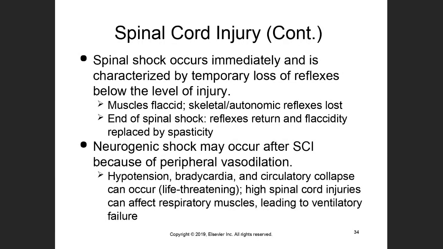Neurogenic shock may occur after spinal injury because of peripheral vasodilation. Hypotension, bradycardia, and circulatory collapse can occur, life-threatening. High spinal injury can affect respiratory muscles, leading to ventilator failure.